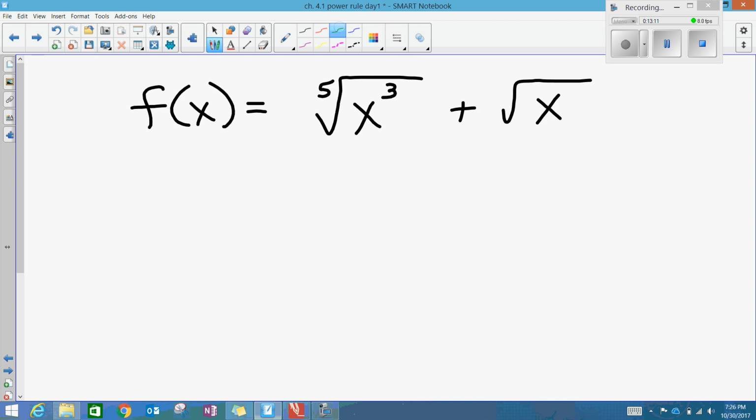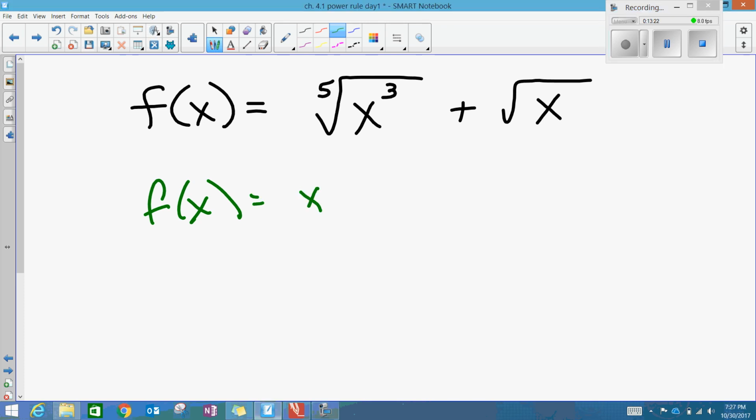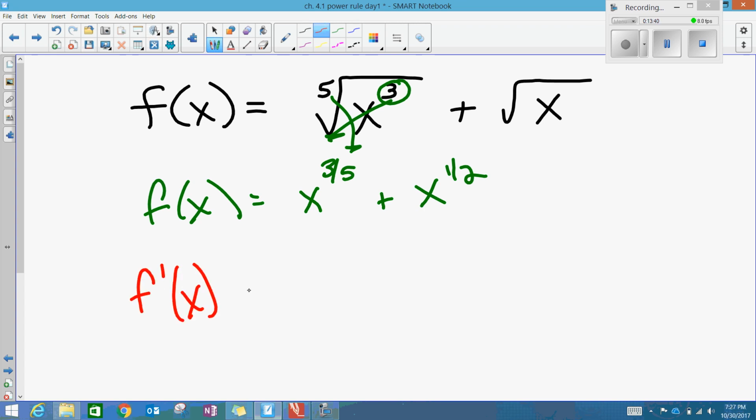So first, let's rewrite this with fractions. So first we can say x to the 3/5, right, plus x to the 1/2. Remember, the power goes on top, the index goes on the bottom. Now we can apply the exponent rule to take the derivative.